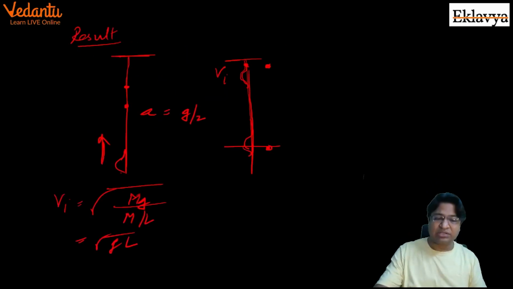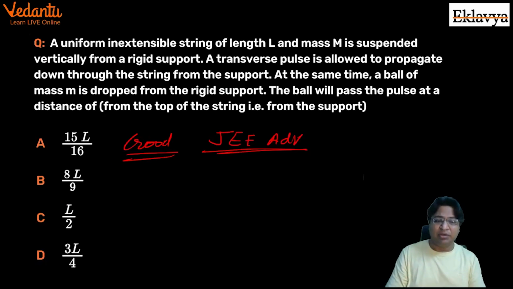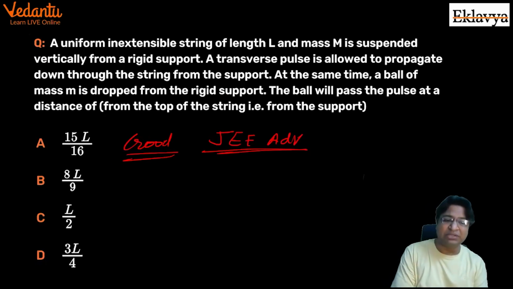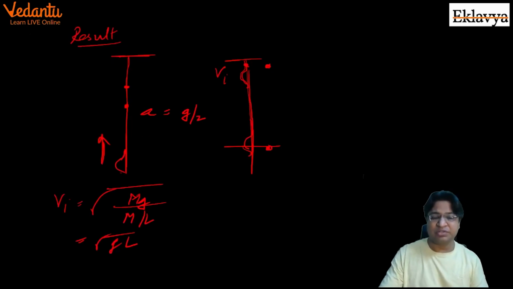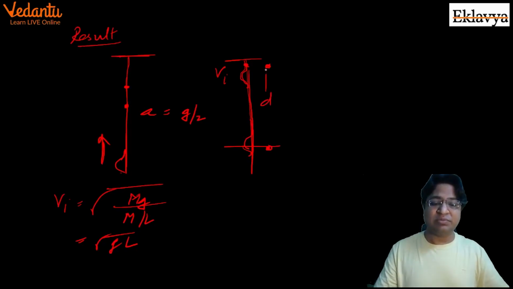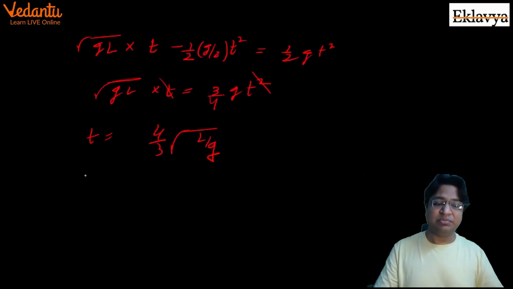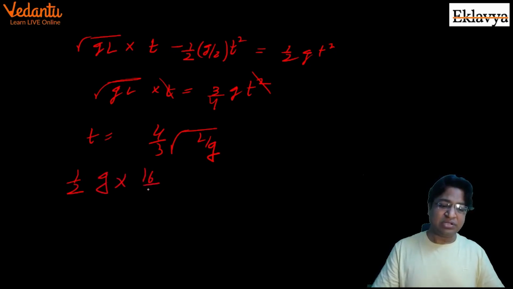The question asks that the ball will pass the pulse at a distance of how much from the top of the string. So we want to calculate this displacement. This displacement is very simple. It is half into g into t square, so that is 16 by 9 into L by g, times half.